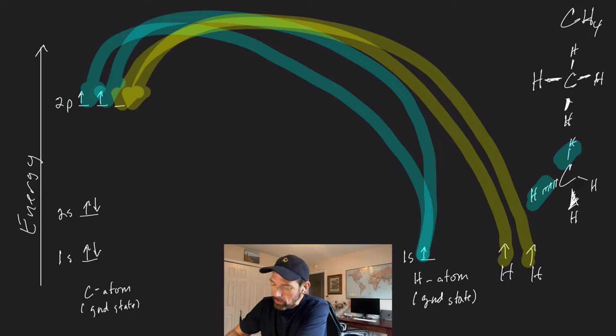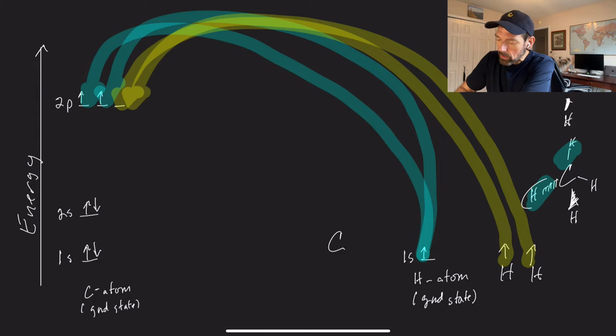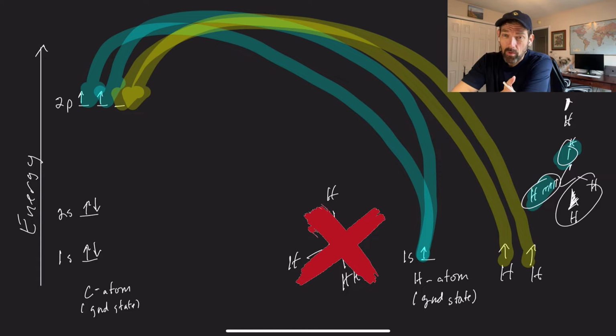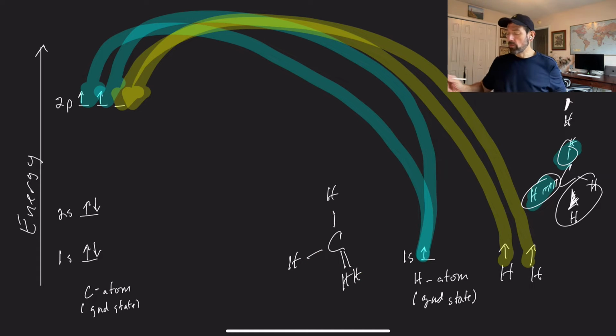Because if that were the case, then you would see a carbon that has this hydrogen here, this hydrogen here, and then both of these hydrogens would be in the same region of space. And that's not what we see happen. We know that that's not what occurs.